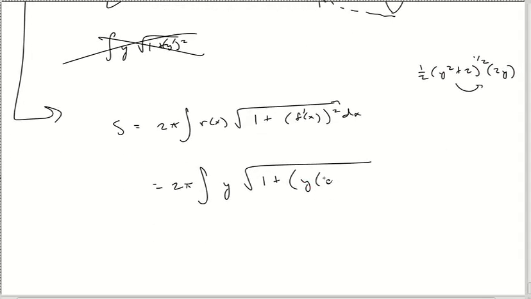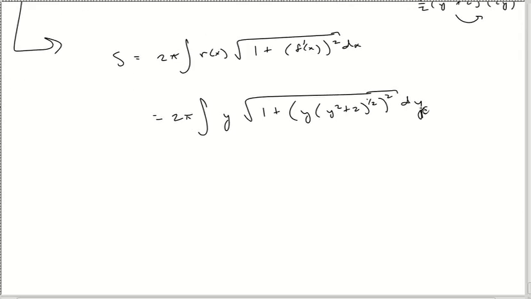And then I got my y squared plus 2, and then that's a square root, technically, and then that's all squared dy. So notice what I did here. You don't have to put the function itself, because what you're doing is you're putting that height, which is just y. You don't actually have to put something complicated. It's kind of weird, but it works in this case.